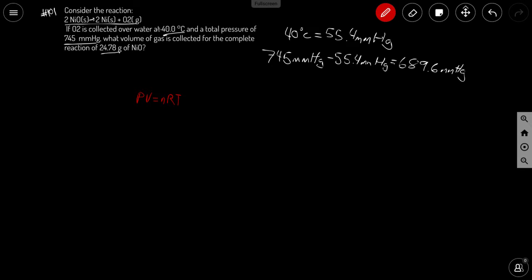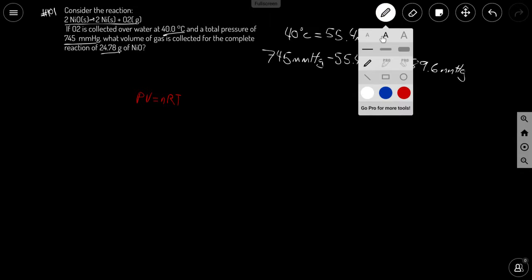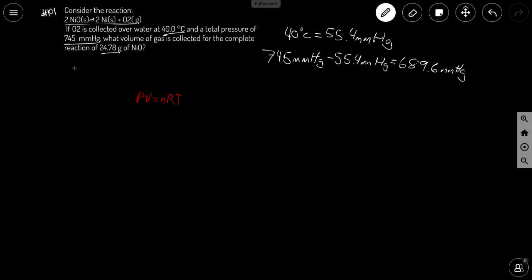So that's going to have to be 40 degrees Celsius, which I'll go ahead and convert to Kelvin. The way that you do so is that you add 273 to 40, giving me 313 Kelvin.